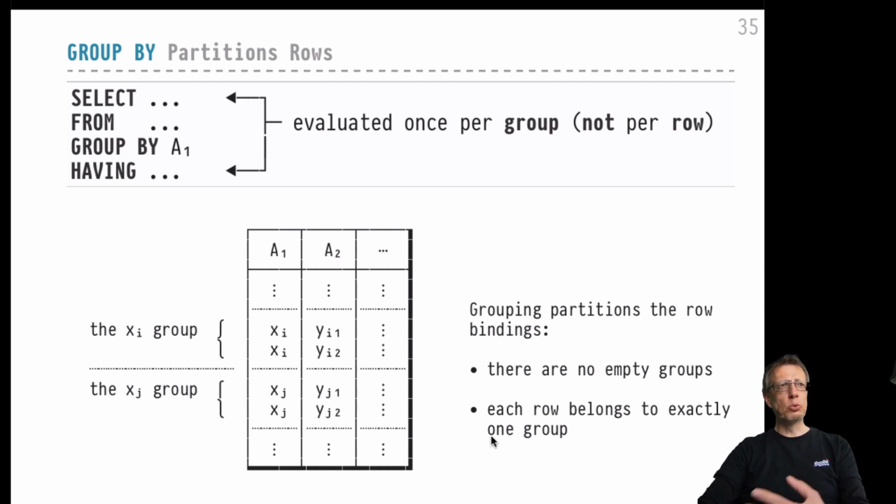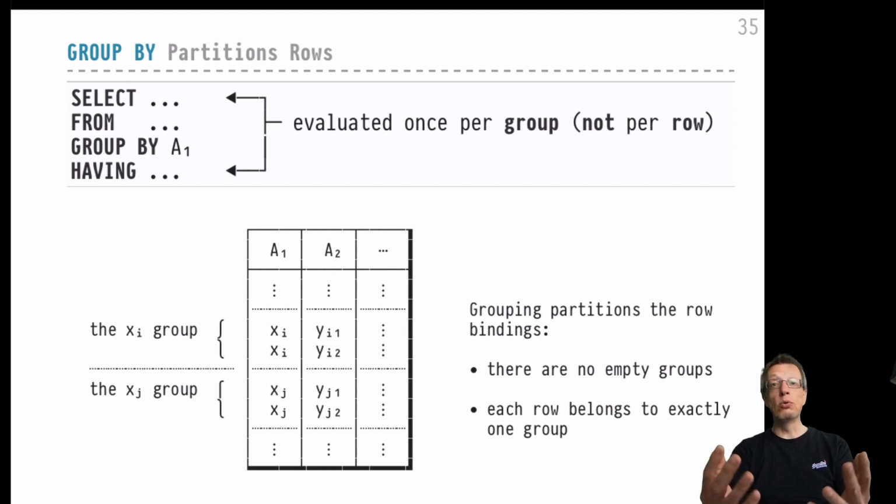Each row of the input table belongs to exactly one of these groups. There's no row without any group association, and there is no row that would fit in two groups. Each row is a member of one particular unique group, and so forms a real partition.